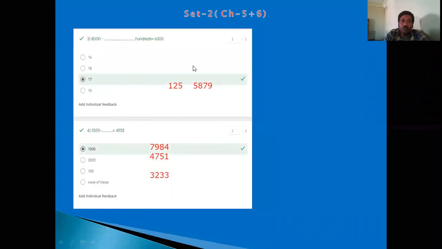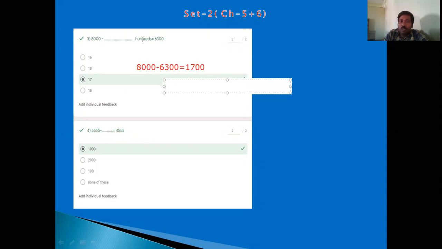Question number 3. 8000 minus blank is equal to 100 times blank is equal to 6300. Which number comes in the blank space? How can we solve it? Now write here 8000 minus 6300. We get 1700.